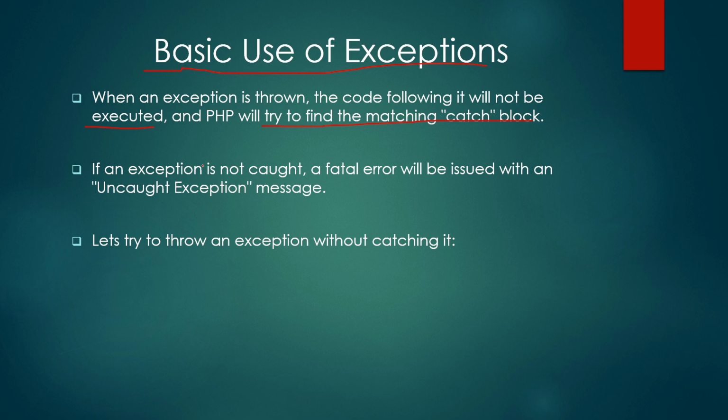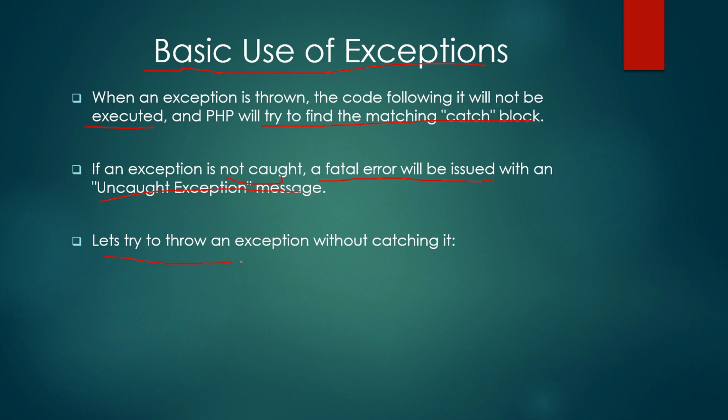If we don't write the catch block, that means the exception is not caught and a fatal error will be issued with an uncaught exception message. I don't want that. So we will be learning about the syntax, what the try block is, what the catch block is, and how to catch these exceptions. But let's first understand the theory.